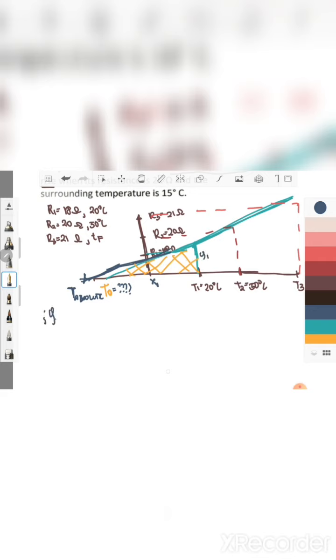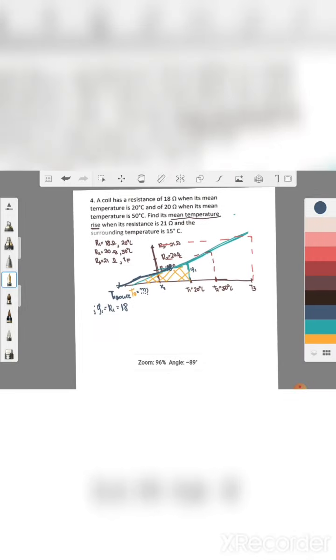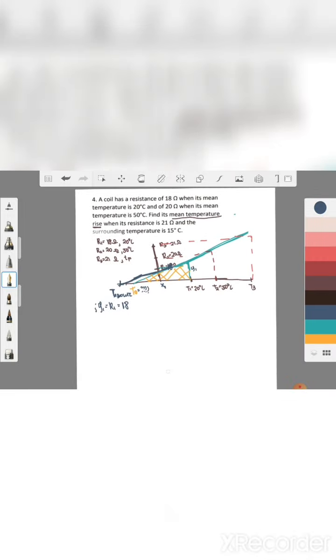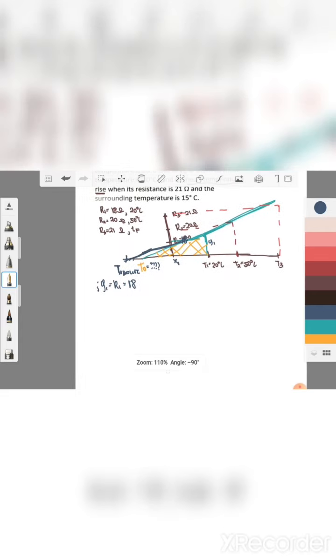Take note that our y1 is just equal to your R1, which is equal to 18 ohms. Pag hindi nyo maintindihan, huwag nyo agad bitawan. Di ba? Hanapin nyo muna ulit yung given. Okay? Since intindihan na natin, tuloy natin.